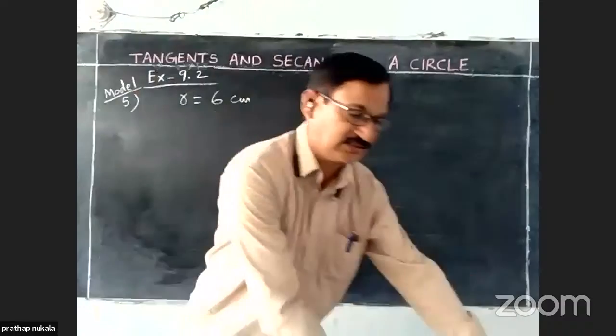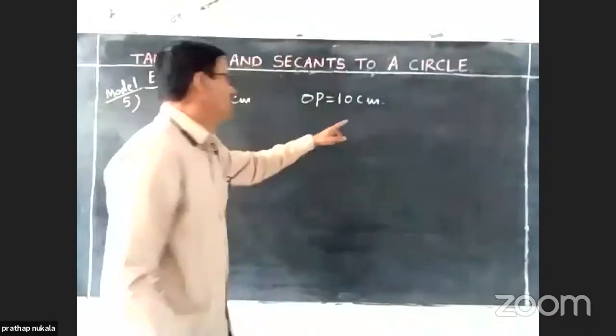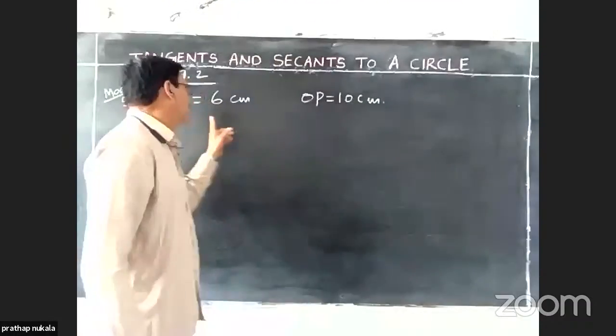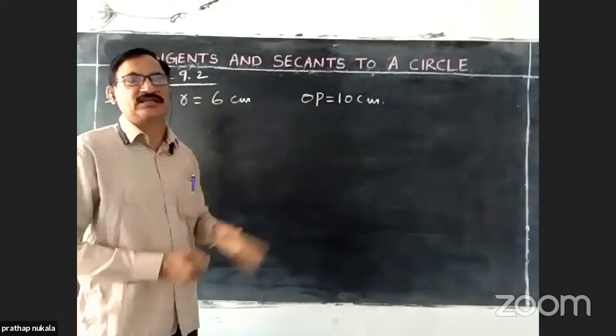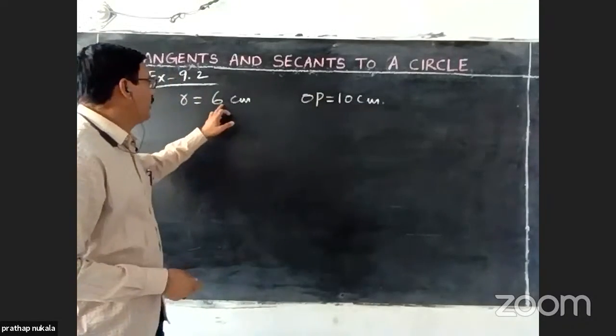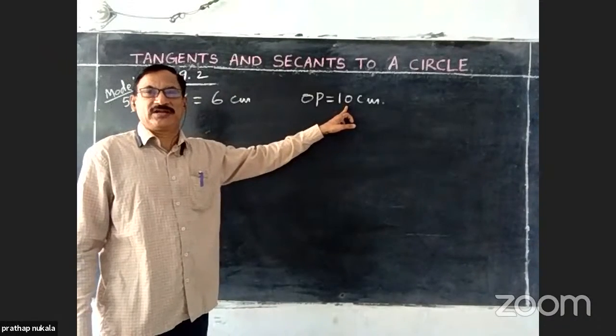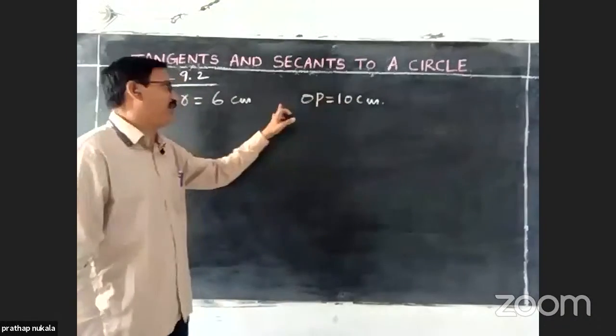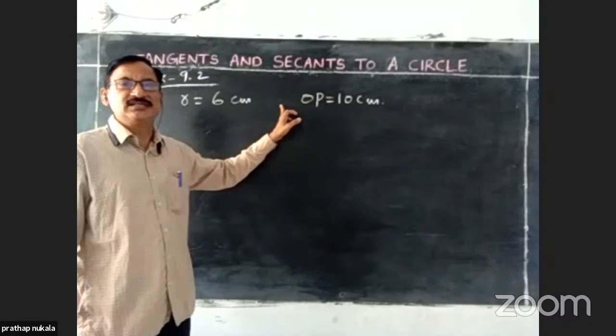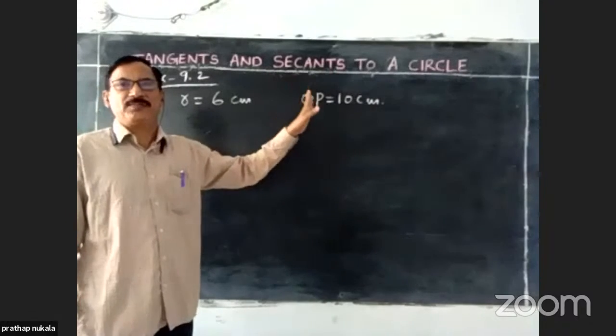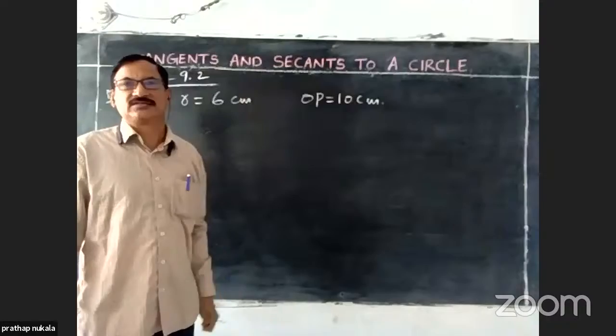Construct the pair of tangents from the outside point P to the circle of radius 6 centimeters. If we take these values, we can construct on white paper, no problem. It is convenient if we construct on a white paper with our geometry box.